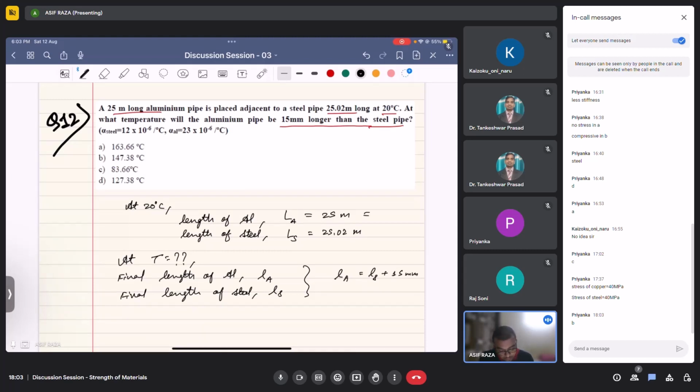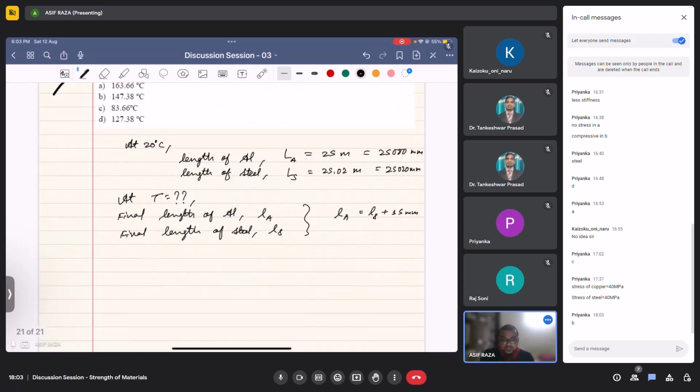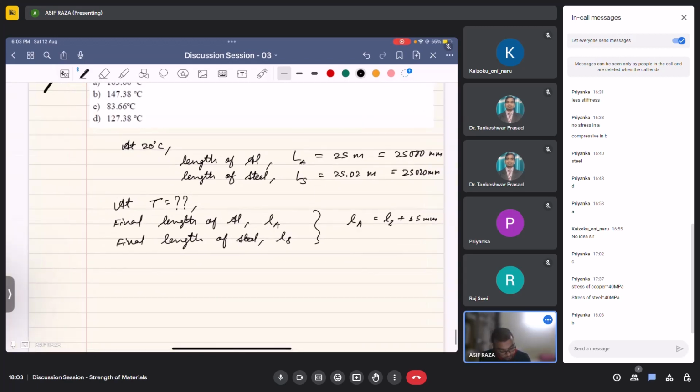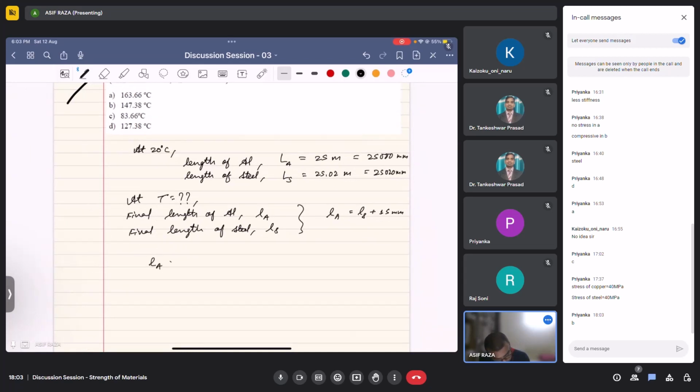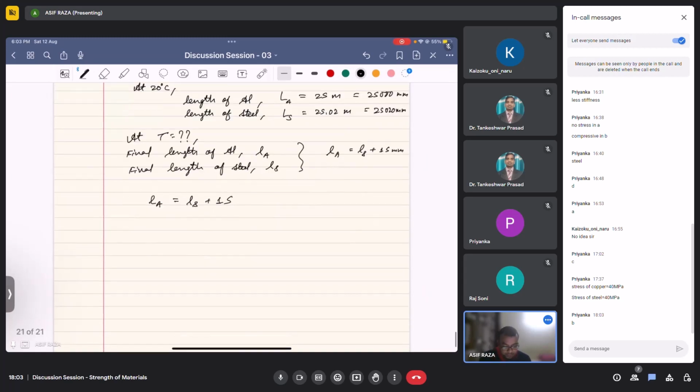So let us convert this into mm. This would be 25,000 mm, and this would be 25020 mm. Now let's use this: LA equal to LS plus 15. What would be LA?